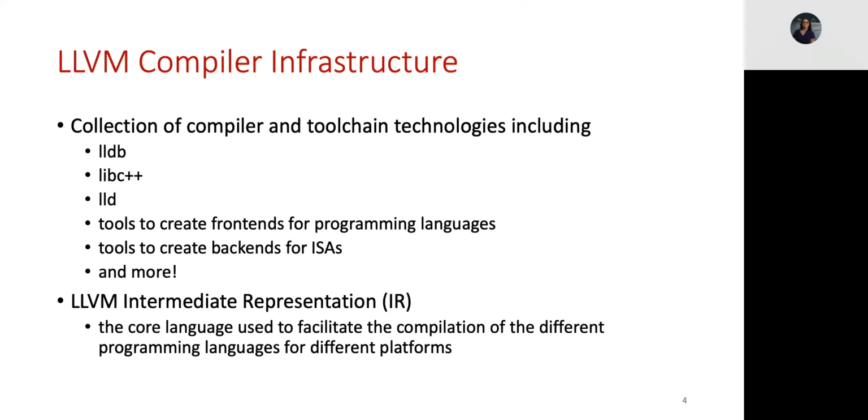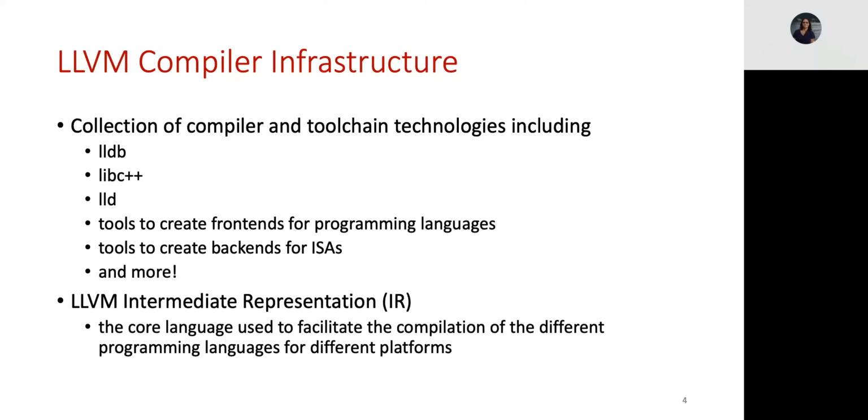And then they also have an implementation of the C++ standard library, Lljb. And then they also have a linker LLD, and then they provide multiple tools for creating language front ends. If you want to create any front end for any kind of programming language, they provide a bunch of tools to help you do that. And there's also tools available for creating new backend compilers for new architectures.